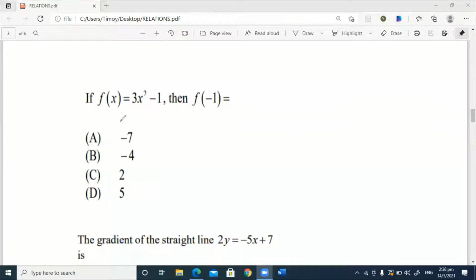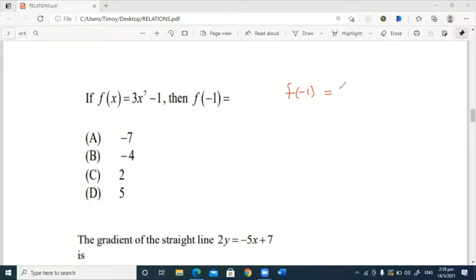For our next question, if f of x is equal to 3x squared minus 1, then f of -1 is equal to, what we know is that f of -1 is going to equal to this part of the function. So anywhere you see x, you're replacing it with -1.